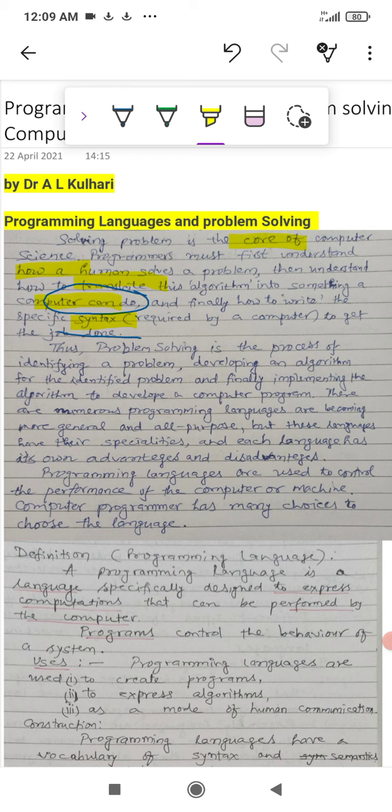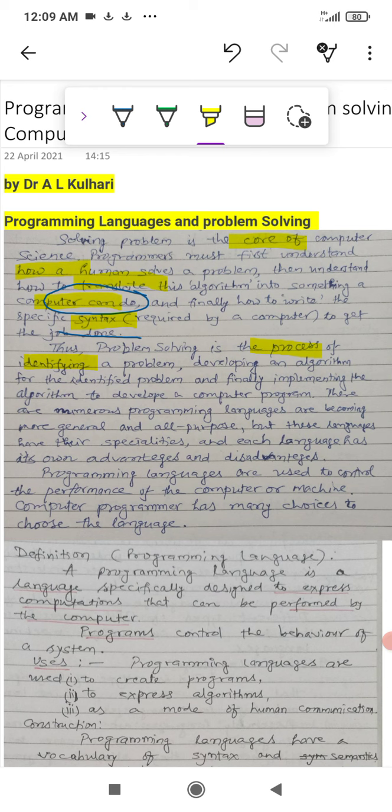Thus, problem solving is the process of identifying a problem and developing an algorithm for the identified problem.